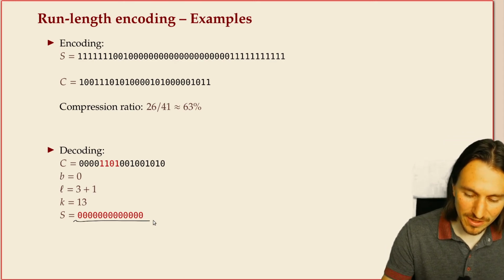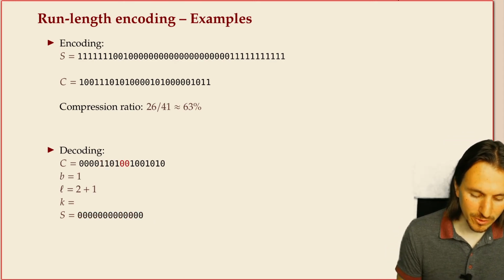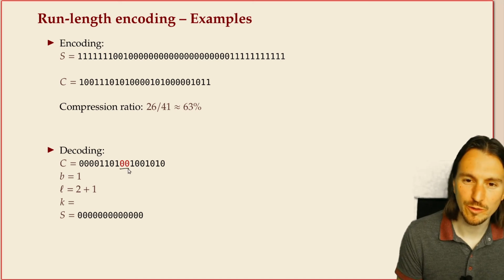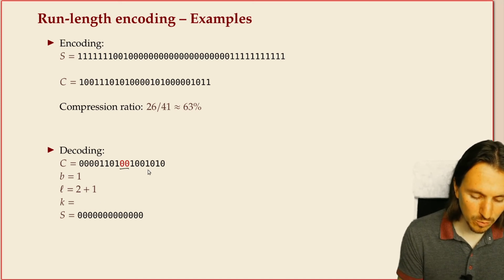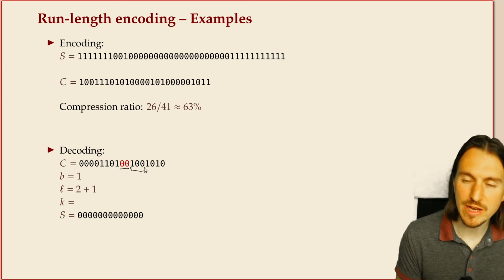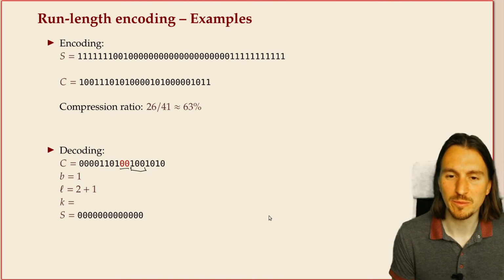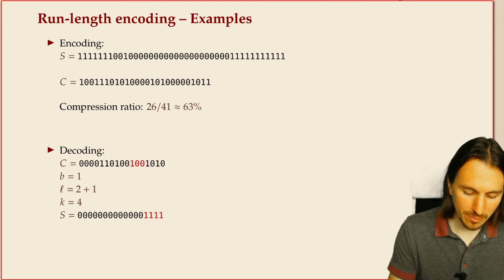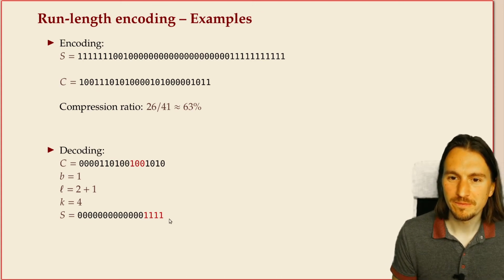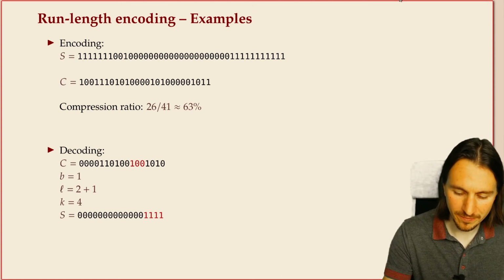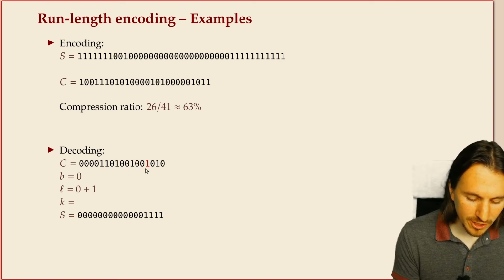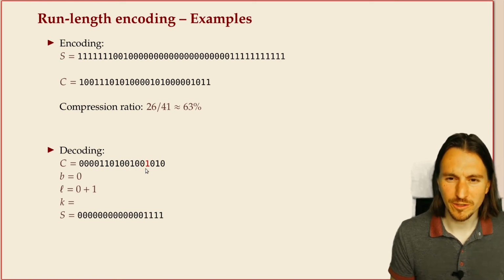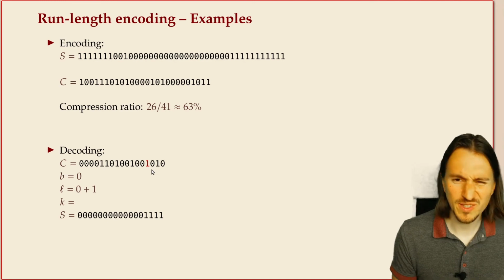Okay. And then you continue with the same procedure. You count how many zeros do you find. That's 2 plus 1. So you have to read the next 3 bits and decode that as a binary number. That is 4. So you append 4 ones. One more time. You start, how many zeros do you find? Well, no 0. So you just read 1 bit. That's a 1.